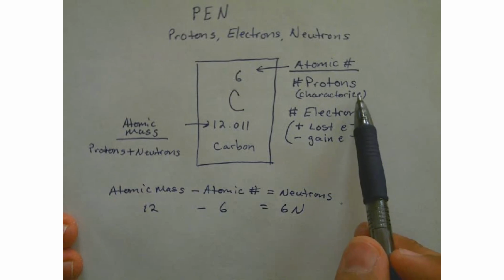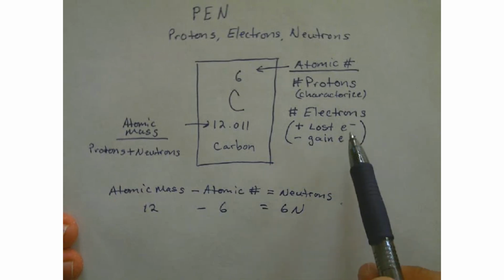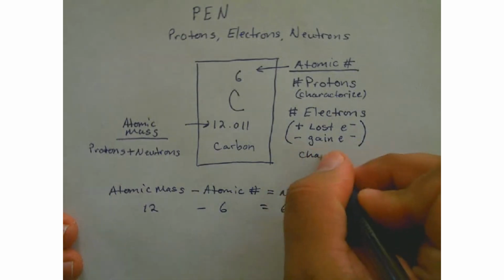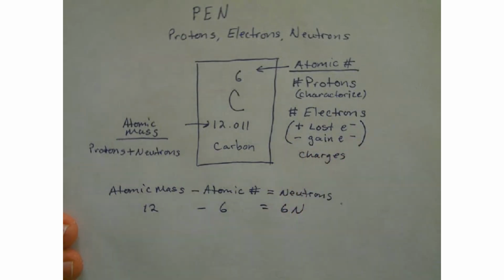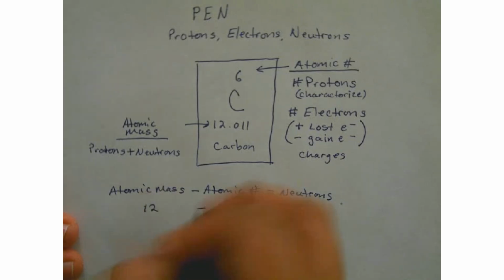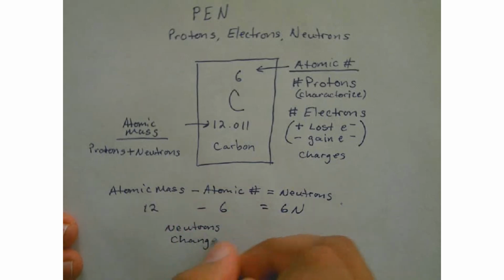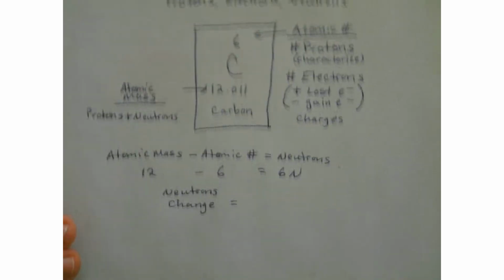Now, protons can't change because they characterize the element. Electrons can change, and when they do change, we form what we call charges. Okay? We form charges. Well, can neutrons change? Yes, right? When neutrons change, we call those isotopes.